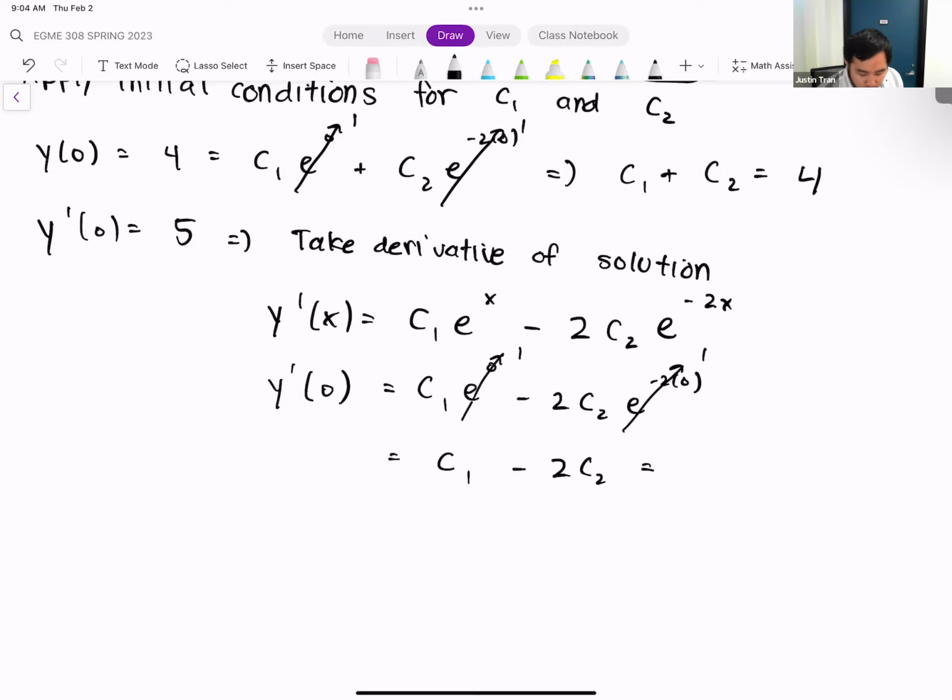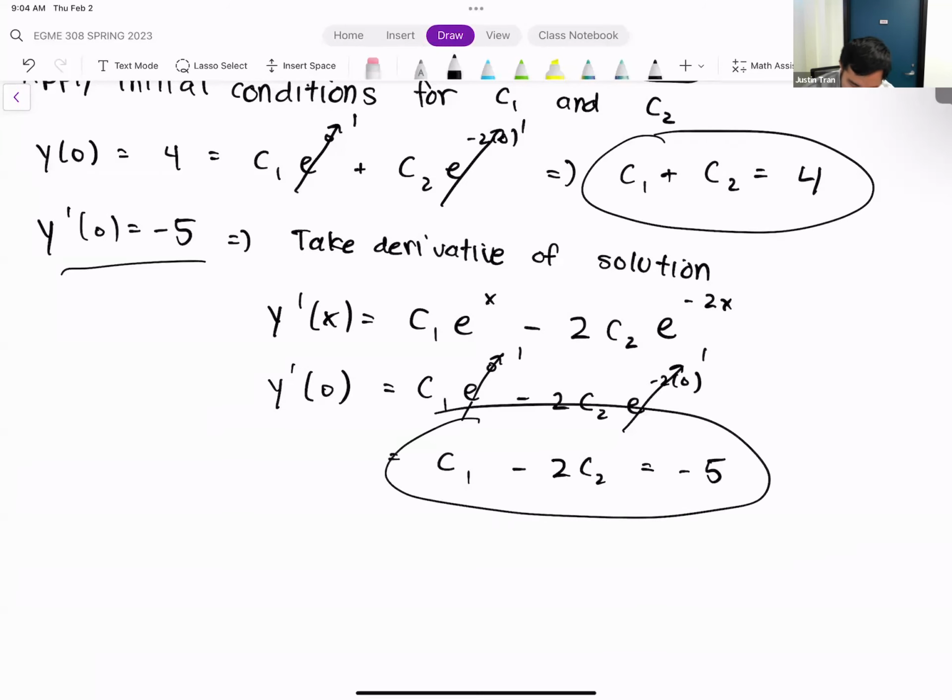And then according to our initial condition, y prime of 0 is equal to -5. And so our two equations that we're going to solve for C1, C2 are given here.